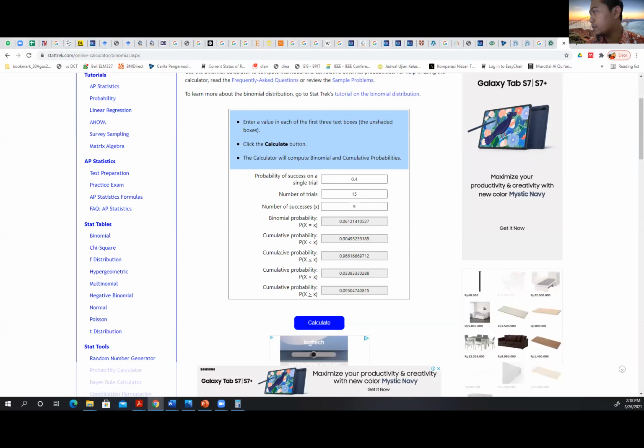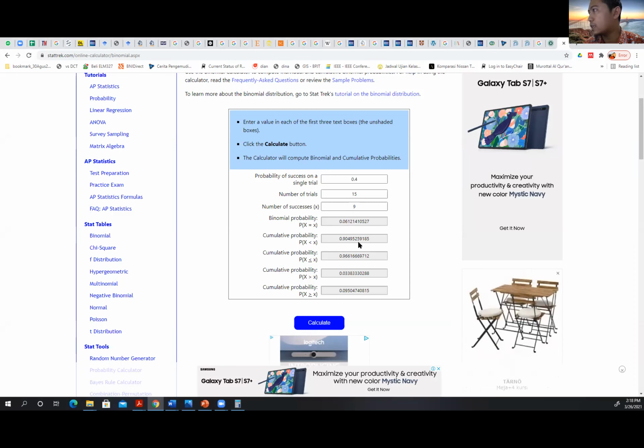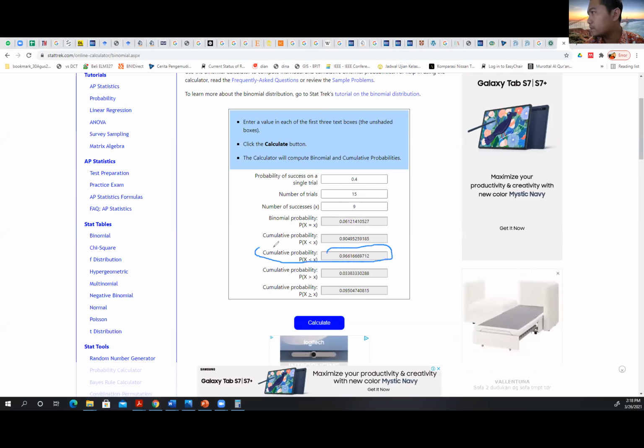You see, please point out this one, cumulative probability.